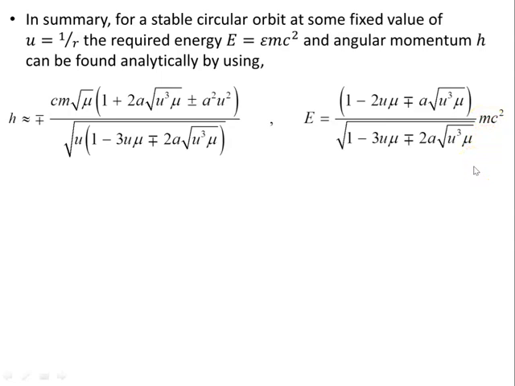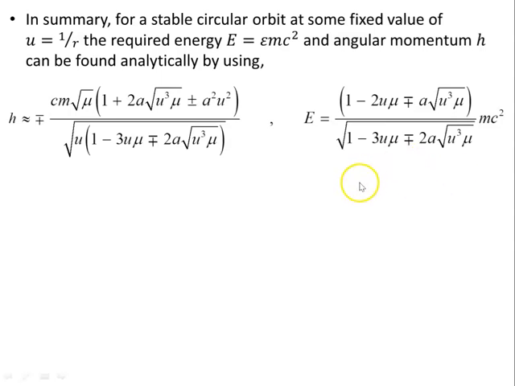Just remember the effective potential varies according to the combination of the angular momentum of the particle, the energy of the particle, its distance from the source mass, the mass of the source mass, and the spin of the source mass. So change any of those or all of them and you get different effective potentials every time.